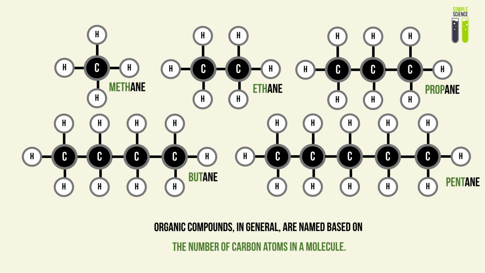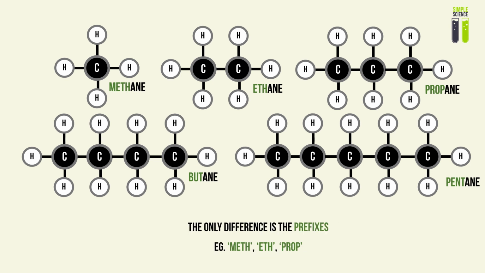As I said before, the only difference in these 5 molecules is the number of carbons and thus its name. So what is different in these names is the prefixes. For example, methane and ethane are different in terms of their prefixes: one starts with meth and one starts with eth.